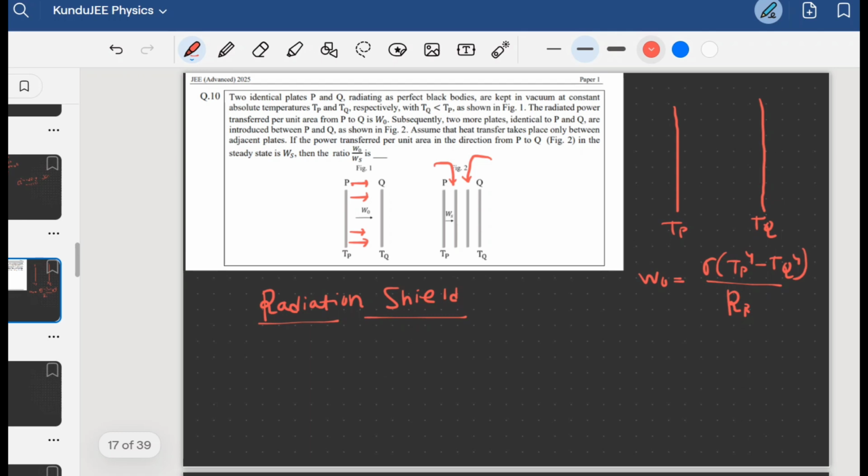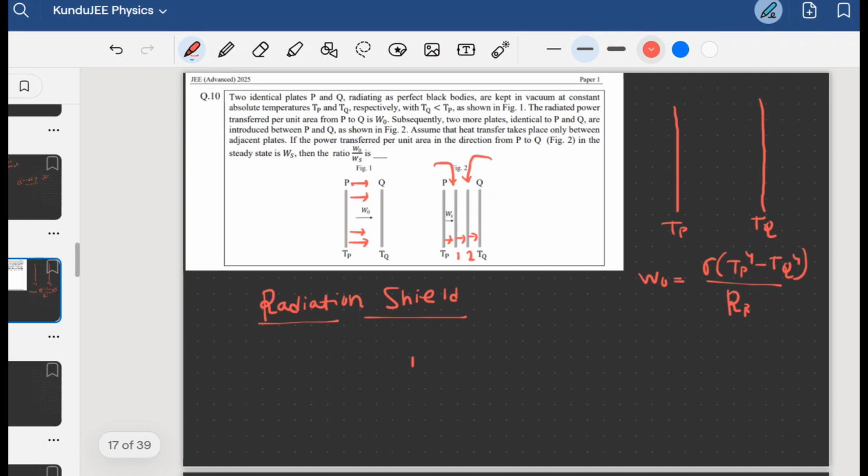So we'll consider that this is plate number 1, this is plate number 2, and this is plate P, plate Q. So from plate P, the radiational heat transfer rate Ws is going to 1, then again from 1 to 2, then again from 2 to Q. So 3-step process. So first we'll consider the radiation heat transfer from plate P to plate 1.